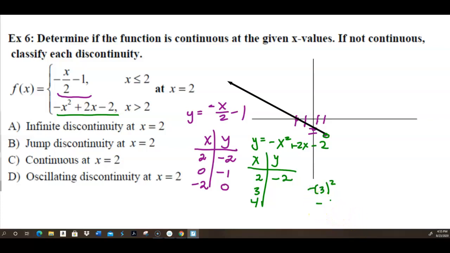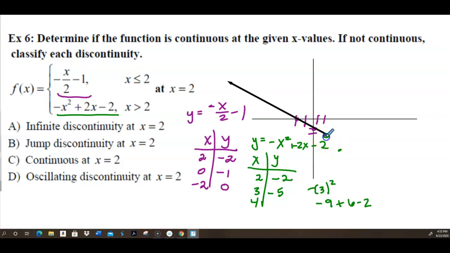So 3 squared is 9, which is negative 9, plus 2 times 3 is 6, and then subtract 2. And so that's negative 11 plus 6, which is negative 5. So this is going to be right 3 and down 5.